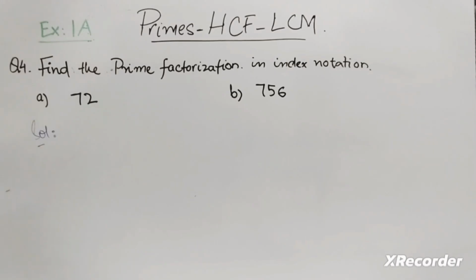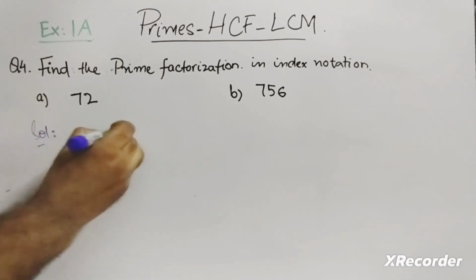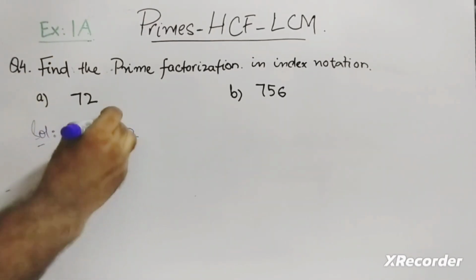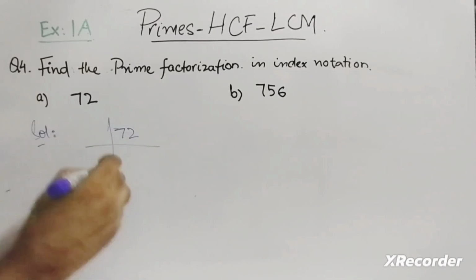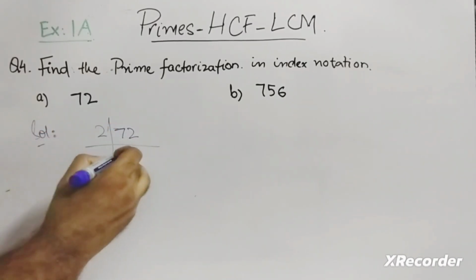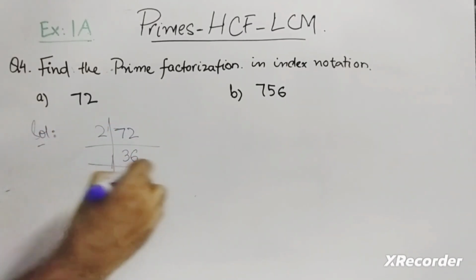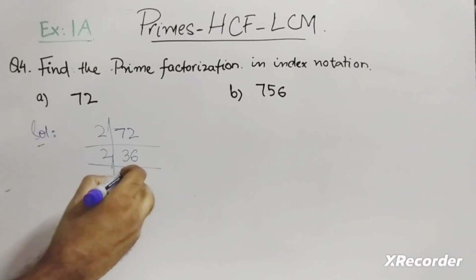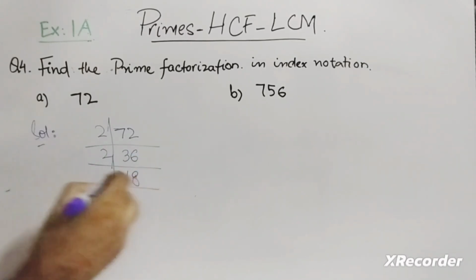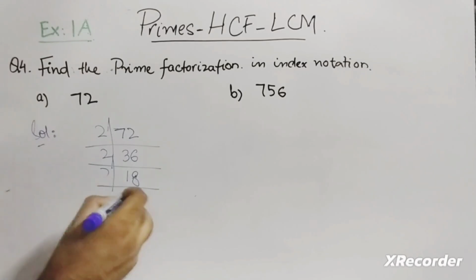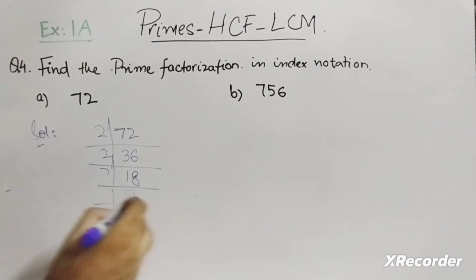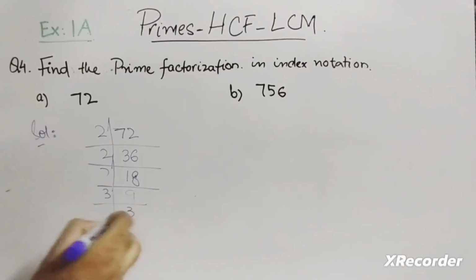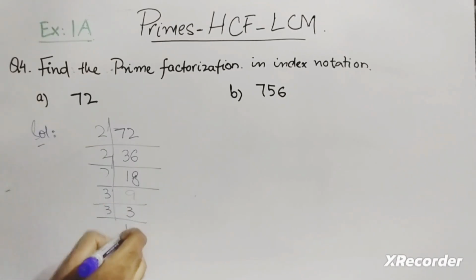Now moving towards question number 4. Find the prime factorization of the following in index notation. First part is 72. So we can write 72 there, taking the LCM: 36, 18, 9, 1.